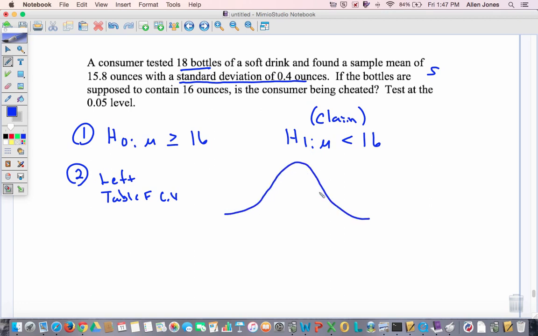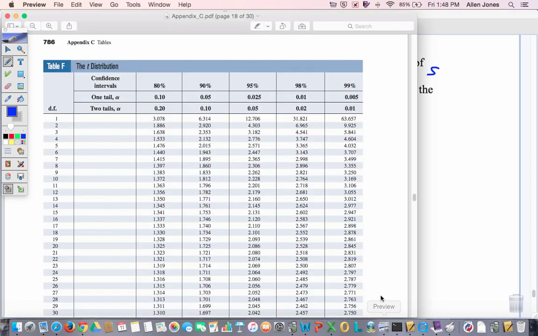Still going to continue to draw our curve here. Our curve for a t-distribution is somewhat similar to a normal distribution, just a little bit different. And it looks like we have 17 degrees of freedom, and alpha is 0.05. So we're going to go to our table here and find a one-tailed test for alpha equals 0.05, and also our 17 degrees of freedom.